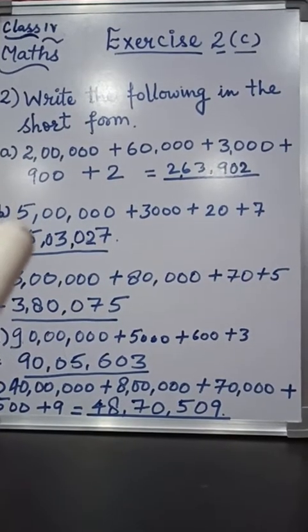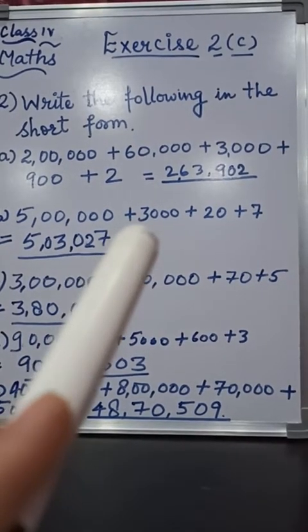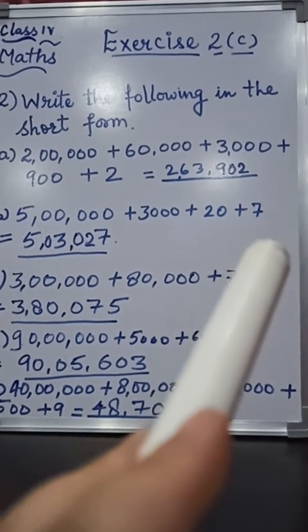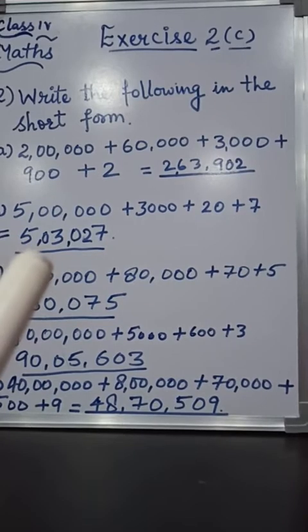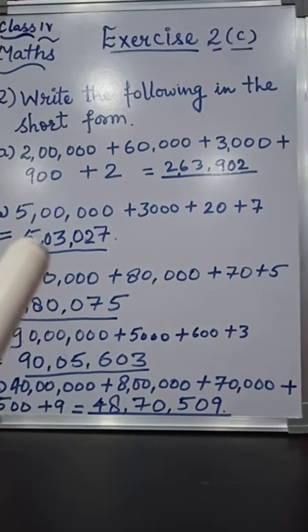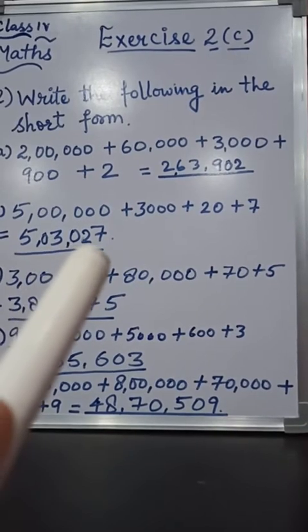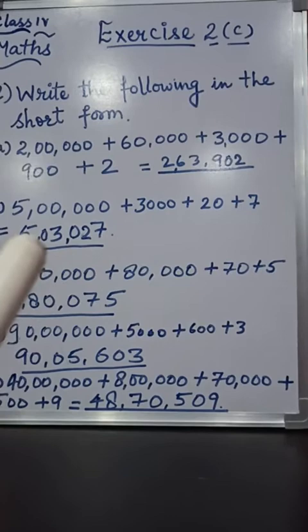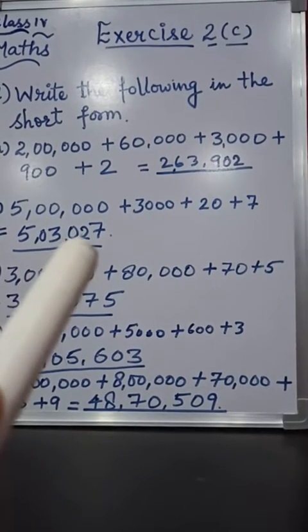Now question B is 5 lakh plus 3,000 plus 20 plus 7. Now how are you going to write in short form? 5 lakh, 3,000 and 27. 5,03,027.